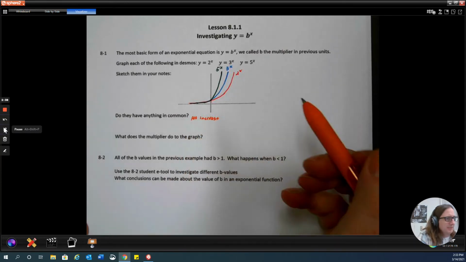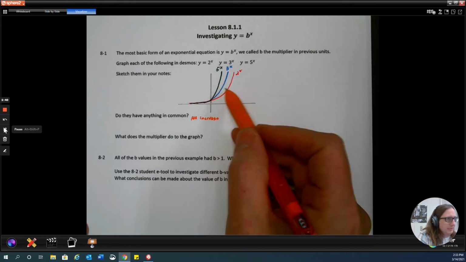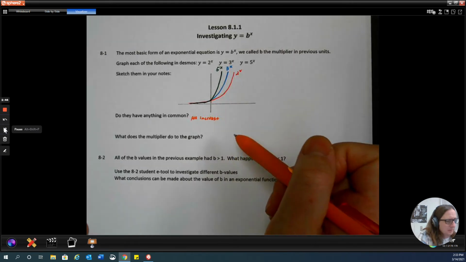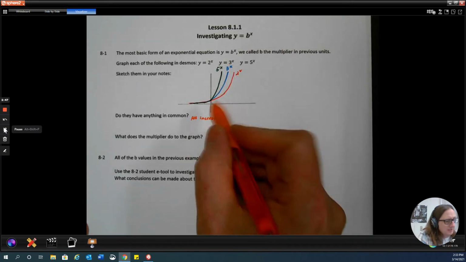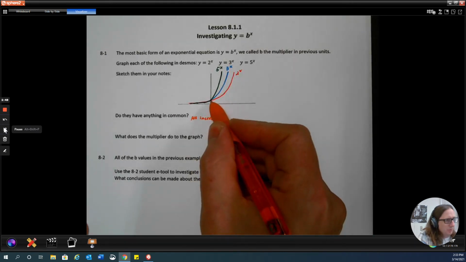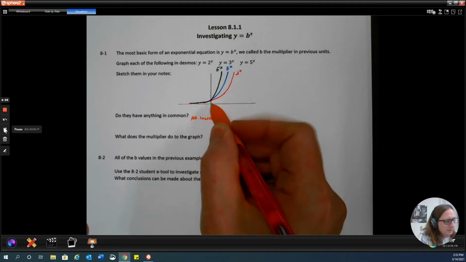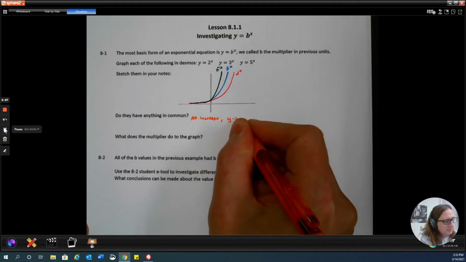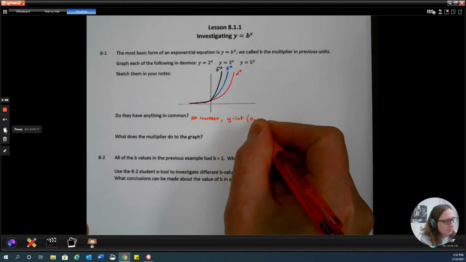Now they increase at different amounts, but they're all increasing. From left to right, the y values are increasing. The other thing that they have in common is they all pass through the point 0, 1 right there. So they all have the same y-intercept. So they have the y-intercept of 0, 1.